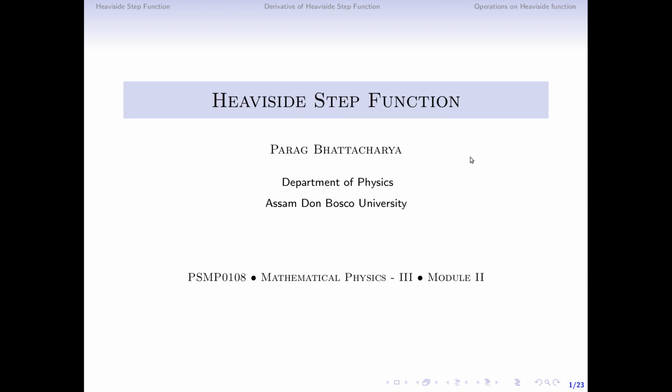Now I would not be going further into details of what exactly a distribution is, because that itself is a topic by itself. But at present, it'll just suffice if I mention that a distribution encompasses the concept of a function.